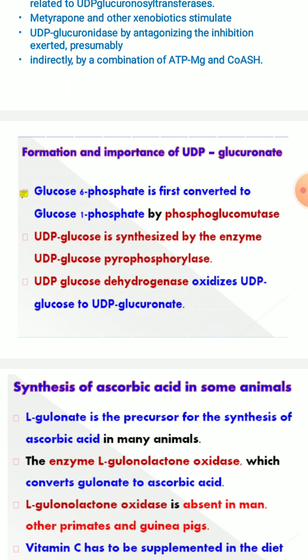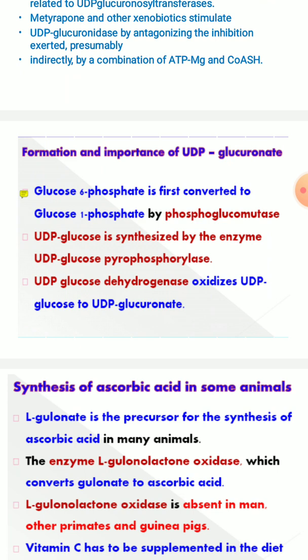So glucose 6-phosphate is the molecule which is acting as a precursor in the formation of ascorbic acid. We can see here how this glucose 6-phosphate is metabolizing in the liver cells, in the liver microsomal fraction.